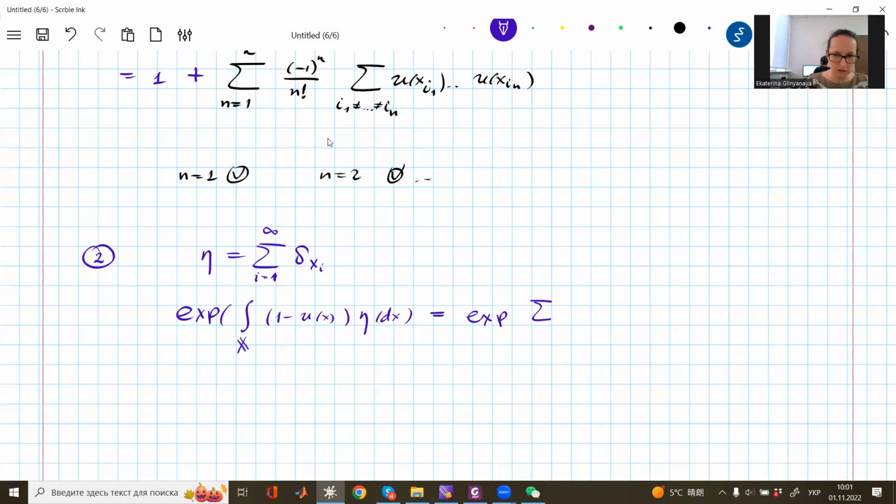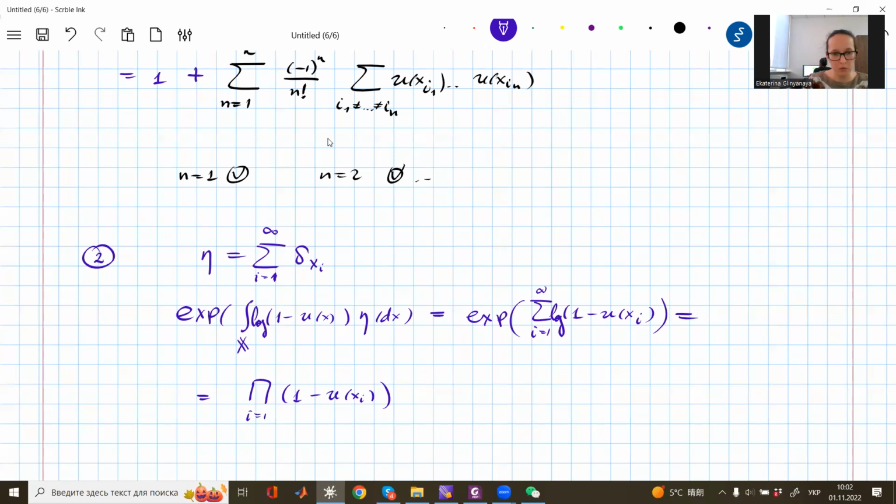So I write this as a sum over u of xk, xi, taking i from 1 to infinity. Oh, I forgot the logarithm. So this is just the product of the expectation into the logarithm. I will have 1 minus u of x.